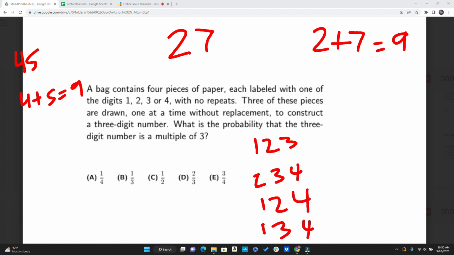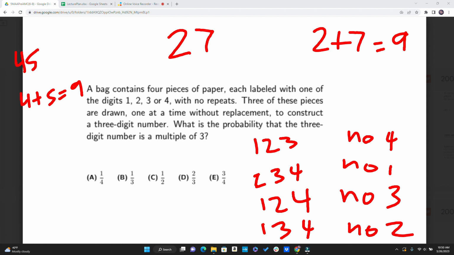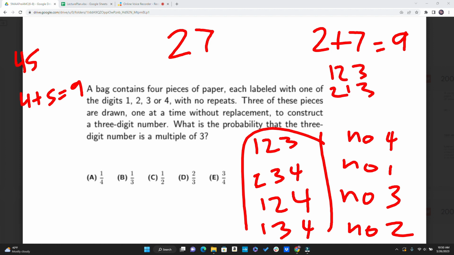So in this case, we have no 4, no 1, no 3, no 2. So no matter what order these digits are in for all of these cases, like whether we have 1, 2, 3, or 2, 1, 3, they're going to add up to the same thing, right?